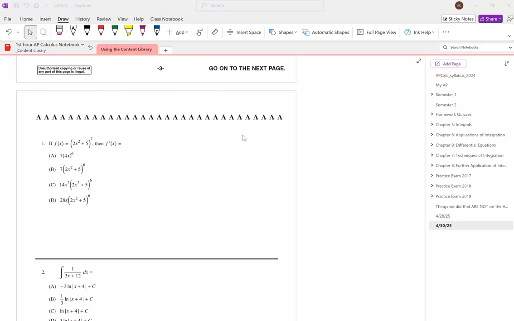So again, we're looking at the multiple choice questions from the practice AP packets I'd given you guys. We're going to start on the no calculator section, so that's section 1A, is what it's called on the front cover.